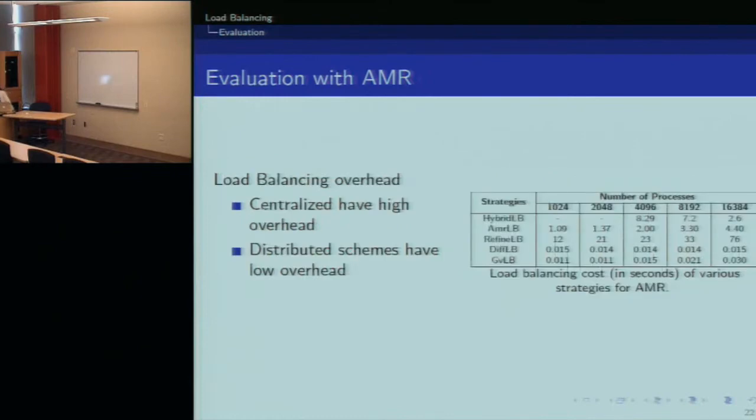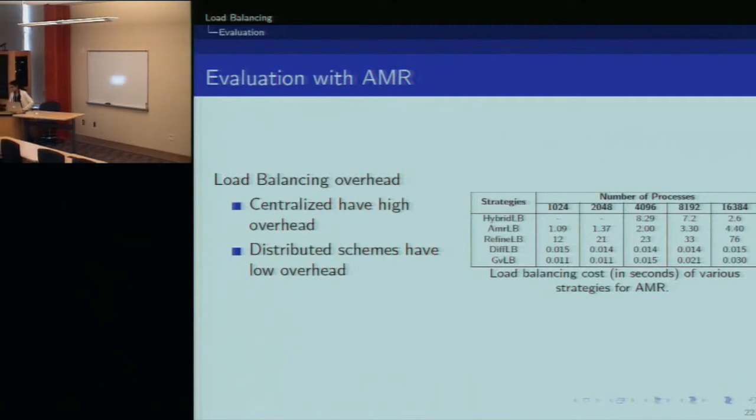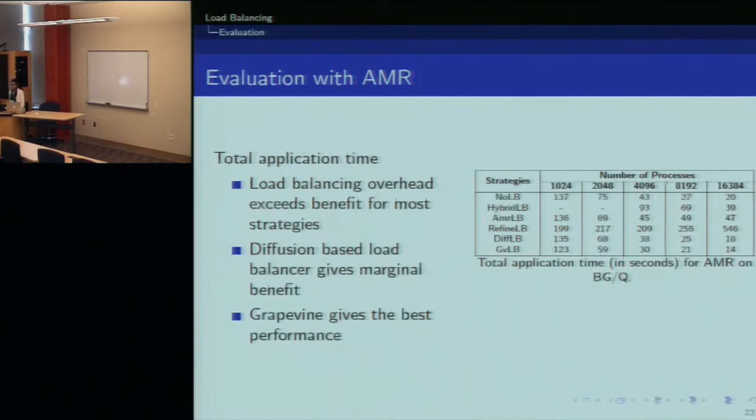Now when we look at the overhead incurred, the overhead of the distributed schemes is quite low because they are distributed in nature. And the centralized strategies tend to have a lot of overhead. This is again similar to the LeanMD results that I've shown. Again, for the total application time, the load balancing overhead really exceeds the benefit for most of the strategies.